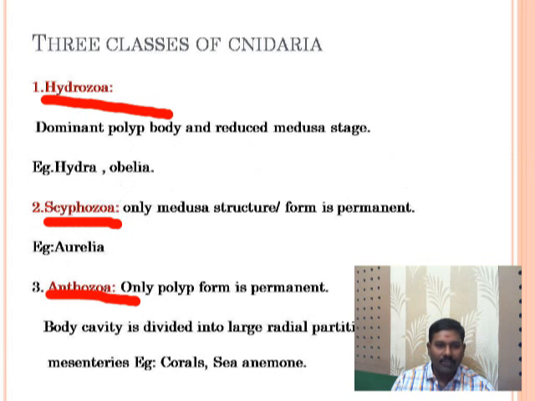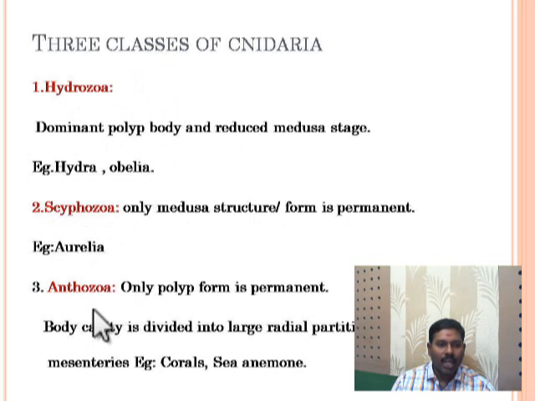These structures are very important. Now you can understand the metagenesis happens in Hydrozoa only, whereas in Scyphozoa and Anthozoa there will be no transformation from polyp to medusa, because both of them exhibit any one of the forms.